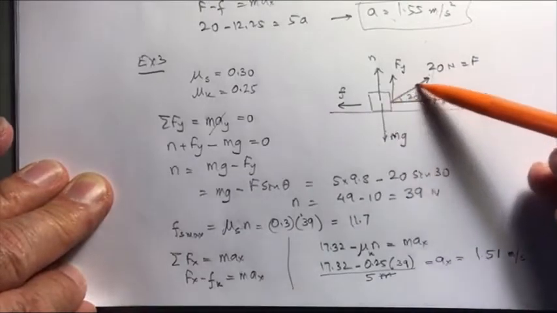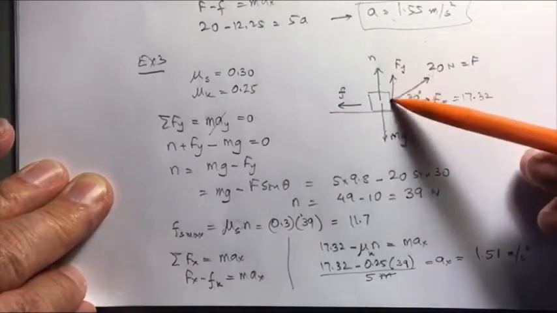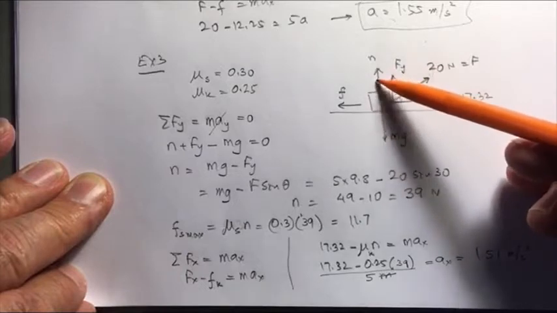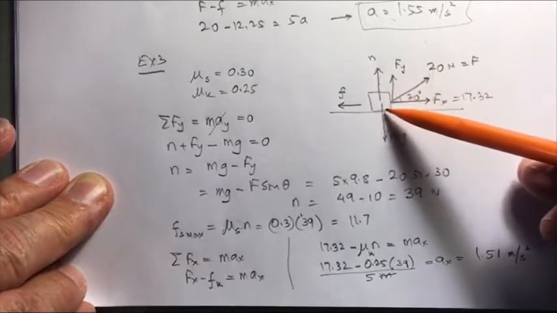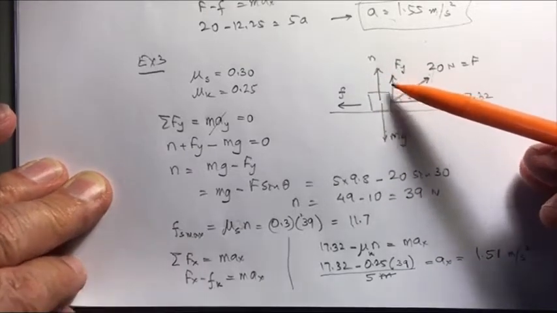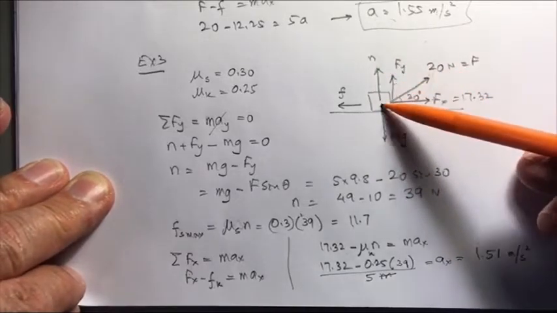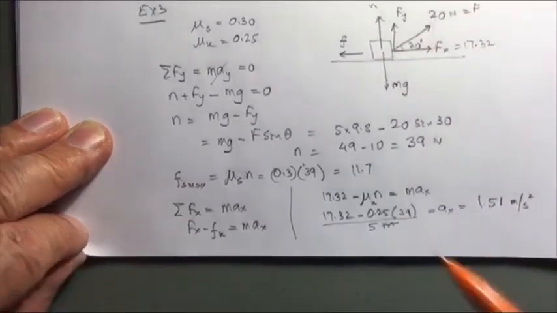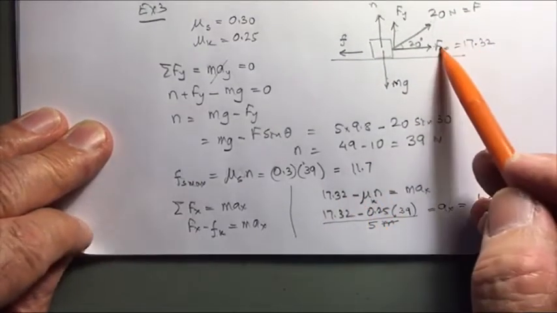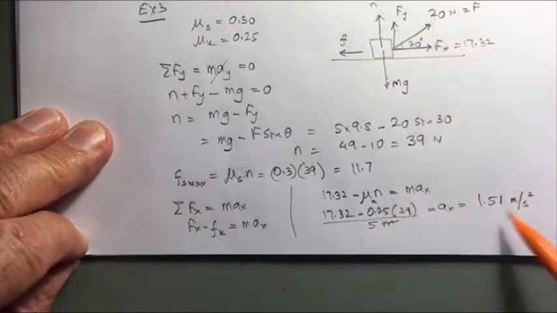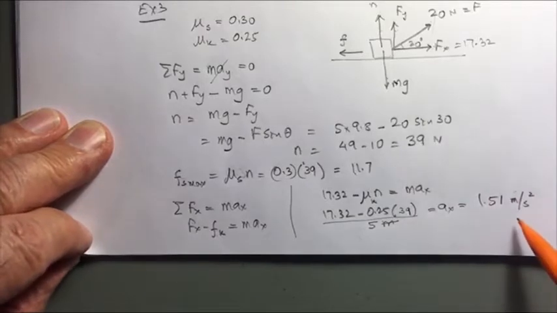That's because this force pulling upwards is sharing the weight, and the push from the ground does not have to be as much. Because the normal force decreases, the friction decreases, and the Fx decreases, and we have this value of acceleration.